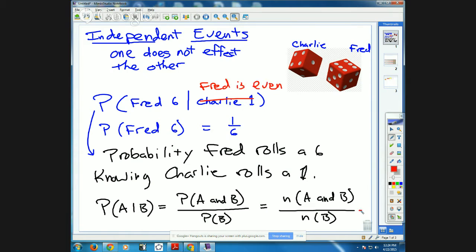Now my universe of things that can happen, let's write it up here. There are only 3 even numbers to choose from. The one I want, the favorable one, is the 6. So that would give me a 1 out of 3 chance. So again, knowledge can change things sometimes. It doesn't always.